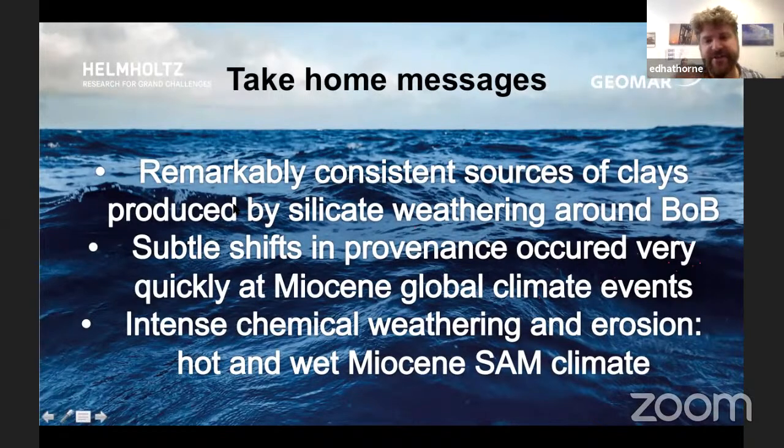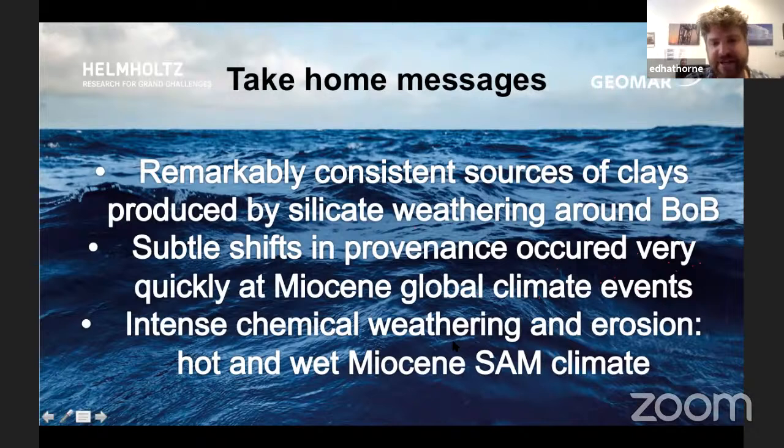I would say that this regional decrease in weathering intensity, we could probably say that maybe this is related to the initiation of the dry winter monsoon.